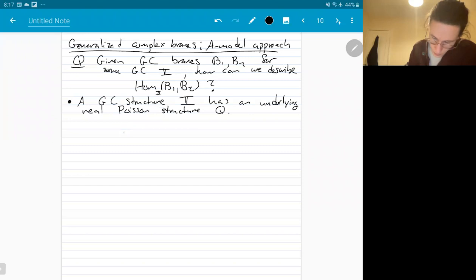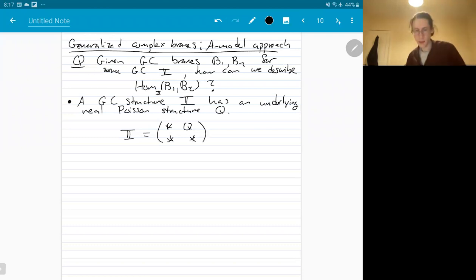If you write out the GC structure as a 2x2 matrix, it'll have some terms here, here, and here, but this term right here is always well defined, and it's a real Poisson structure. Okay, so we have a Poisson structure, and we can integrate it to a symplectic groupoid.